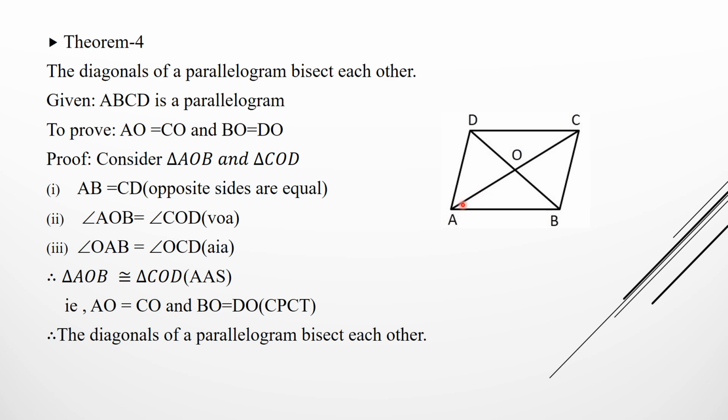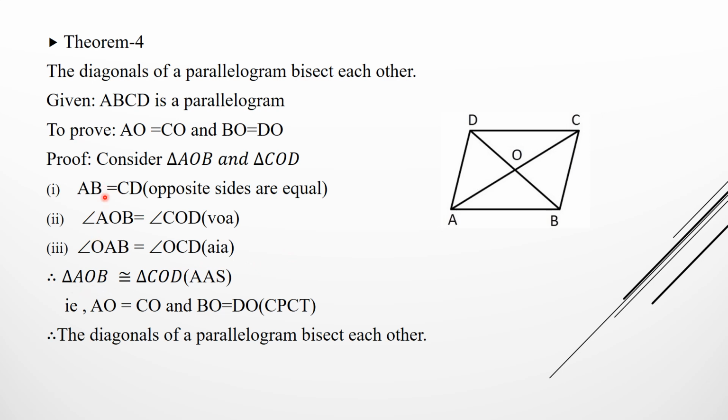Now we can write angle AOB is equal to angle COD, using the condition vertically opposite angles are equal. Since AB is parallel to CD and AC is the transversal, we can write angle OAB is equal to angle OCD, using alternate interior angles are equal.